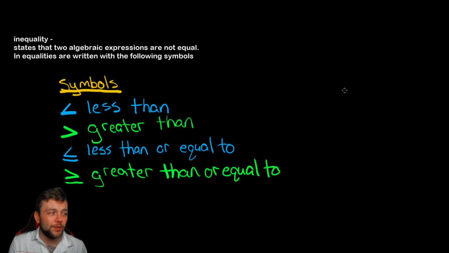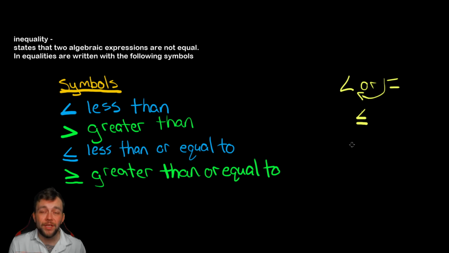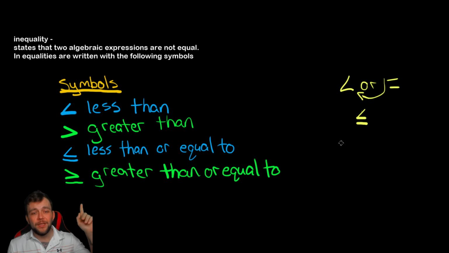Think about your less than symbol. If it's or equal to, it combines these two symbols. The less than or equal to is the combination of the equal sign and the less than sign. So there's our symbol for it: less than, greater than, less than or equal to, greater than or equal to.